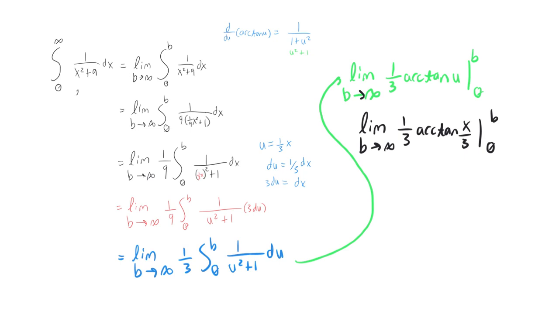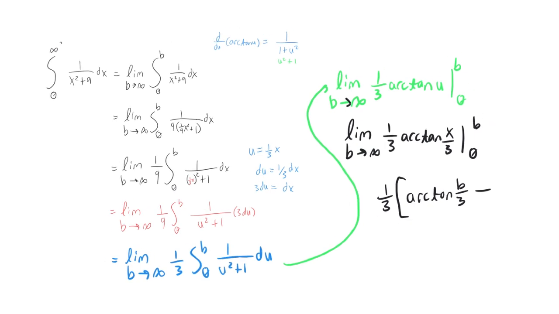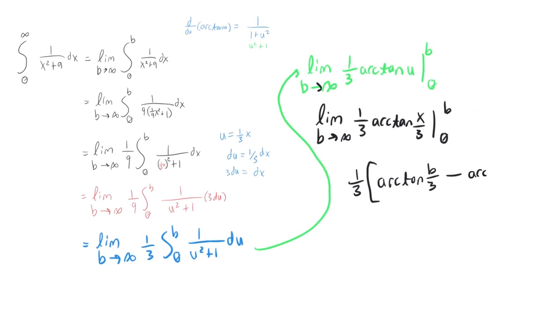At this point, we are ready to say the limit as b approaches infinity of the following. It's going to be 1/3 arctan of b over 3 minus arctan of 0 over 3.